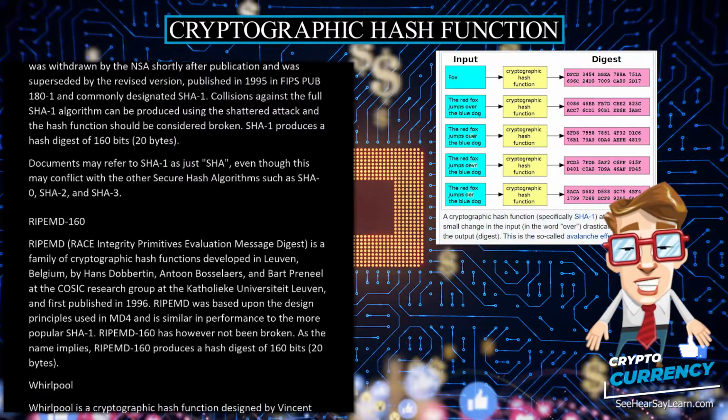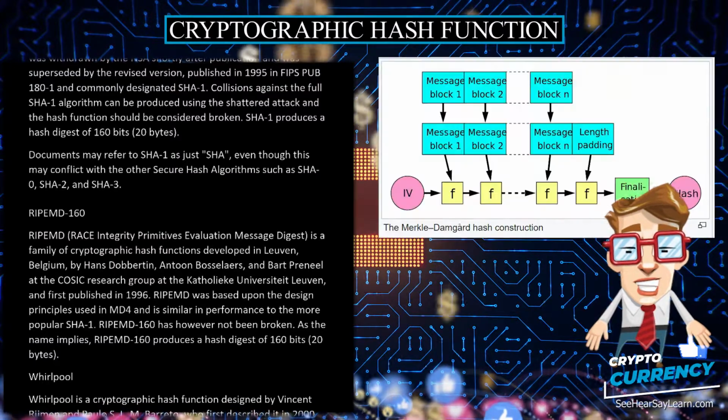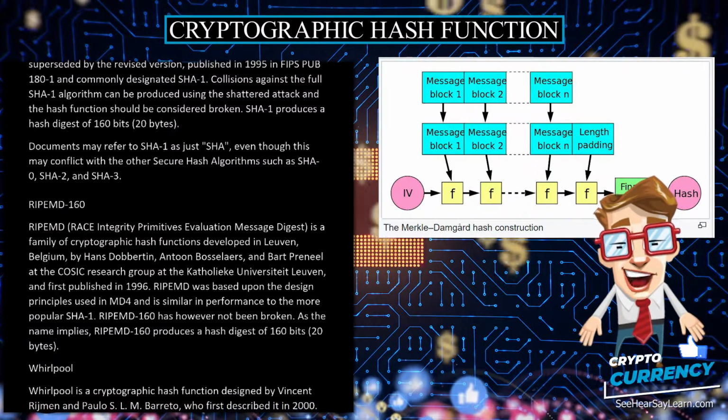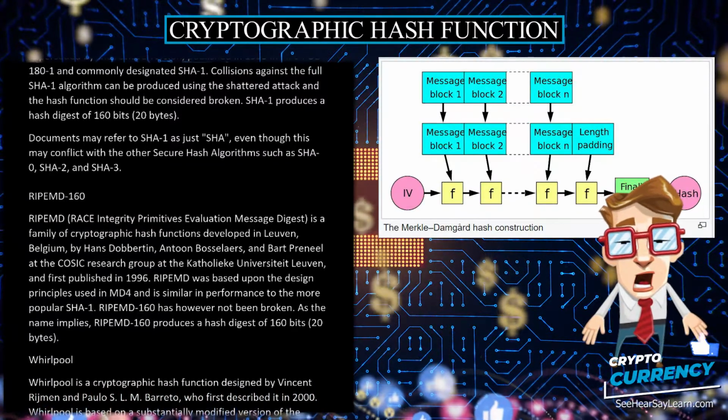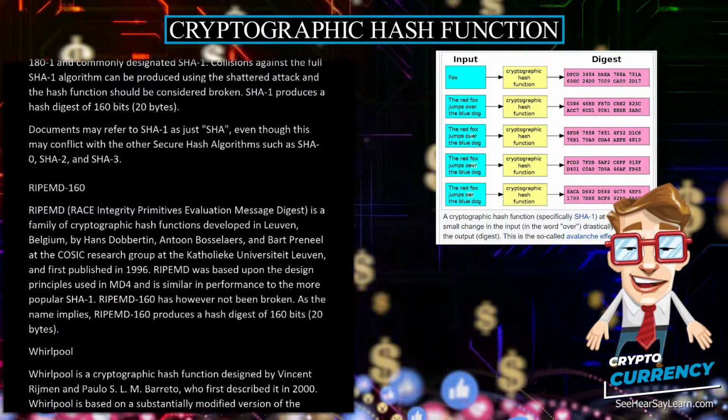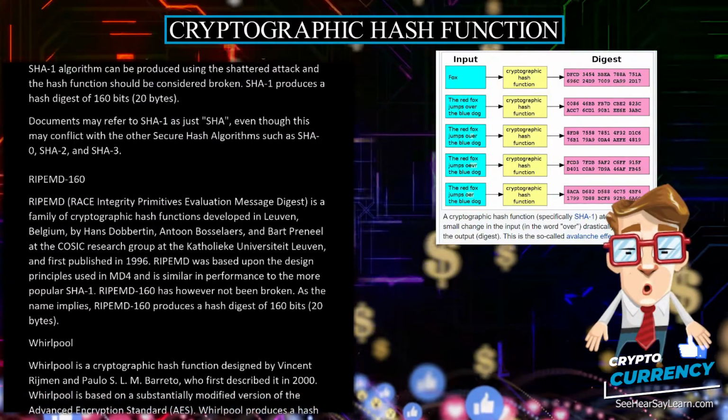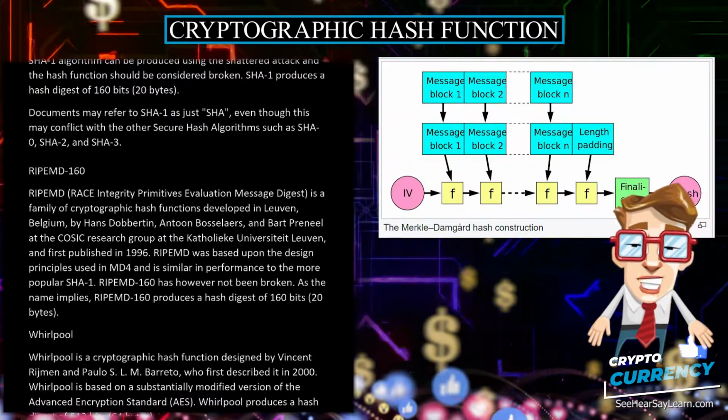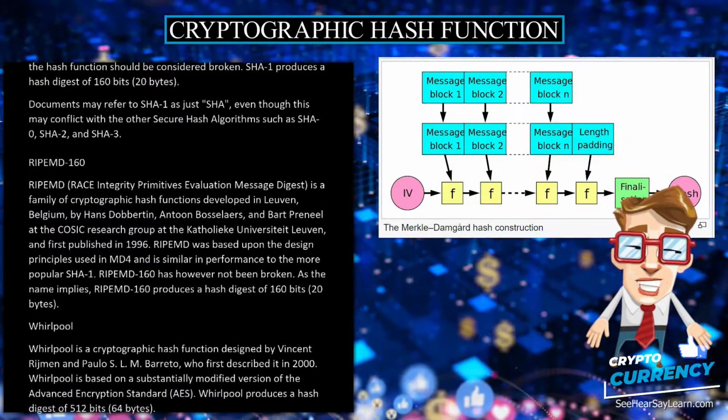SHA-2 basically consists of two hash algorithms, SHA-256 and SHA-512. SHA-224 is a variant of SHA-256 with different starting values and truncated output.